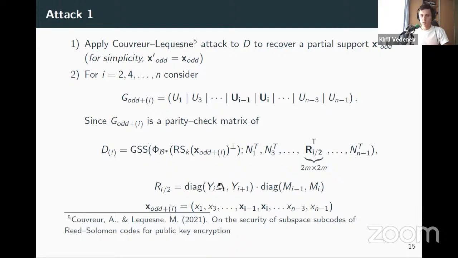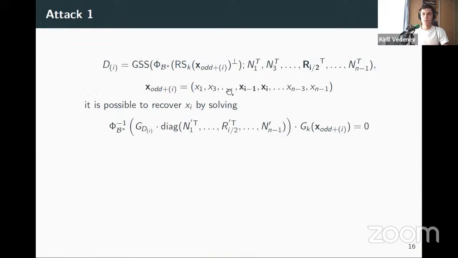And we also note that this is a parity check matrix of a generalized subspace subcode, and it turns out that we can recover Xi by solving this equation again. So we just brute force Xi and check whether this linear system has a non-zero solution.